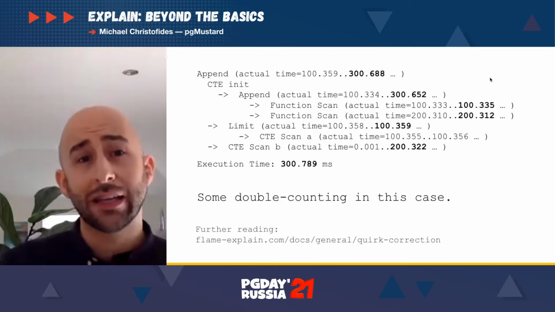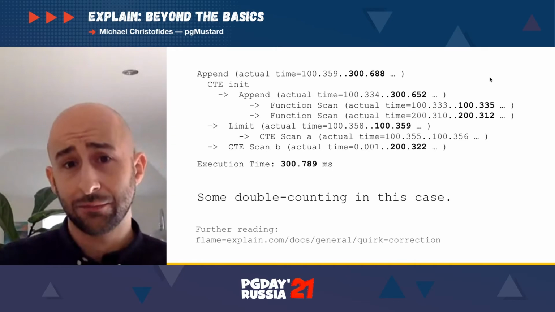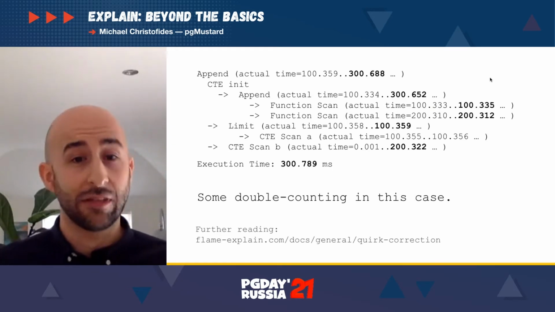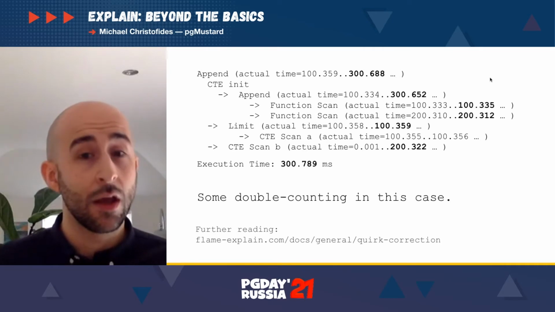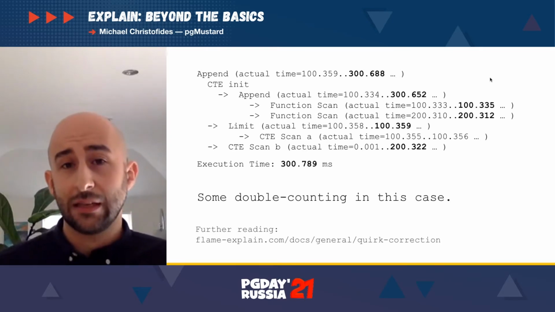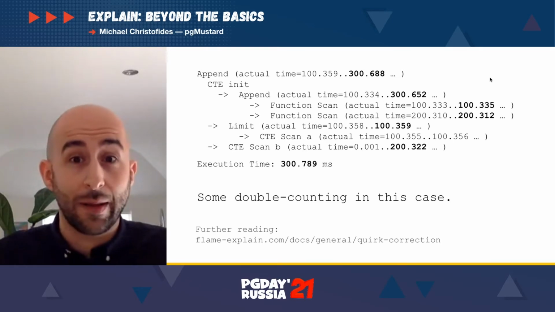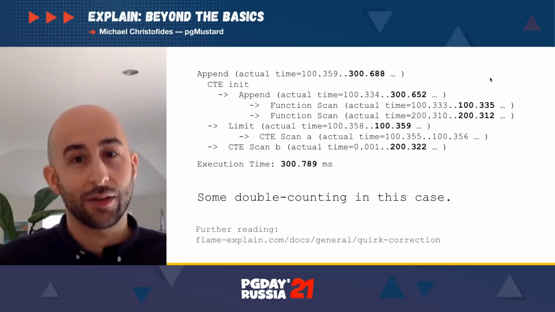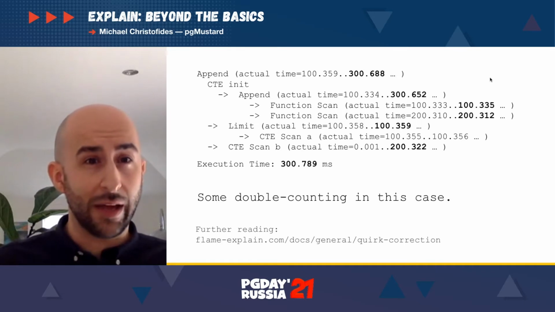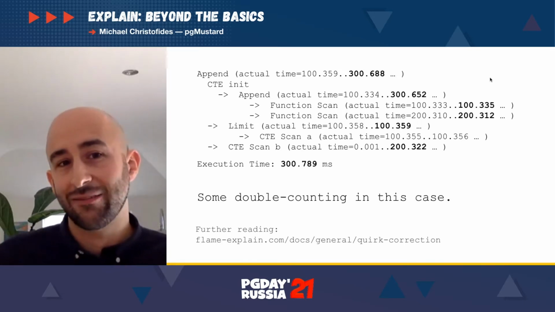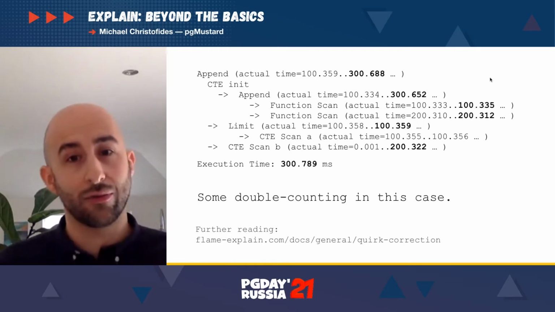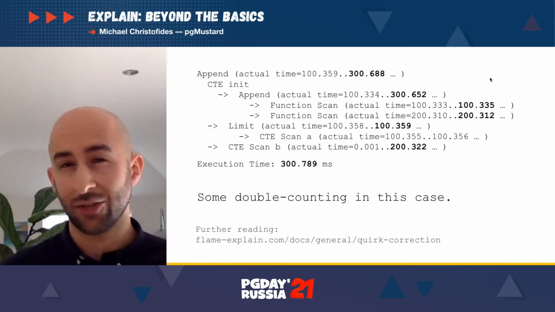So looking at the query plan for that, it's fairly clear that the whole thing is only taking 300 milliseconds. But if we were to use the rudimentary logic we've talked about so far, where we sum those or subtract those from the parent, the children total 300 plus 100 plus 200 milliseconds here, so a total of 600.